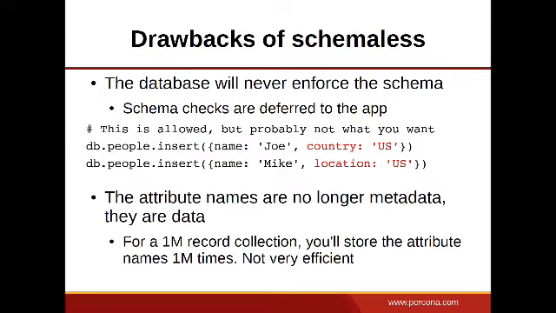The second drawback of being schemaless is that the attribute names are no longer metadata. They are part of the data. Why can it be significant? Well, simply because if you have large collections, let's say you have 1 million records, that means that the field names like name, country, location, address, etc., will be stored 1 million times.